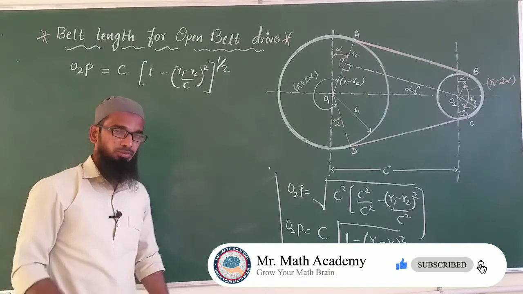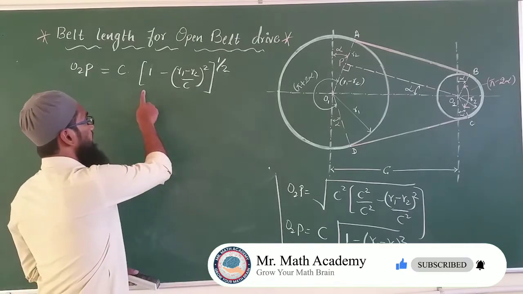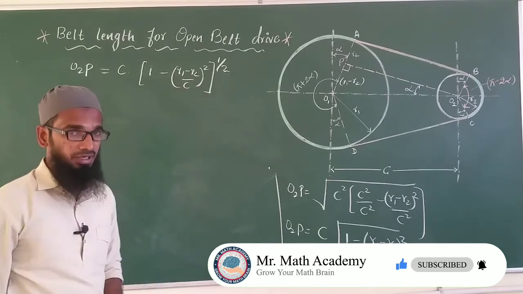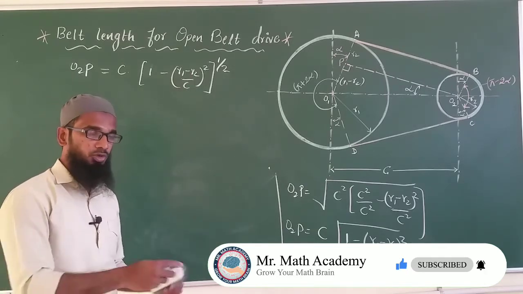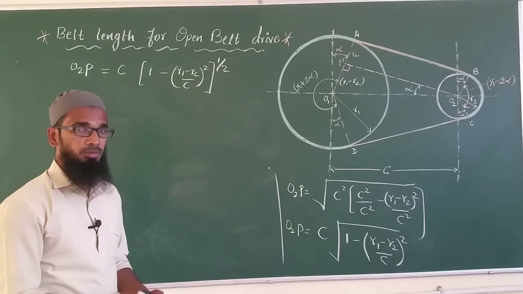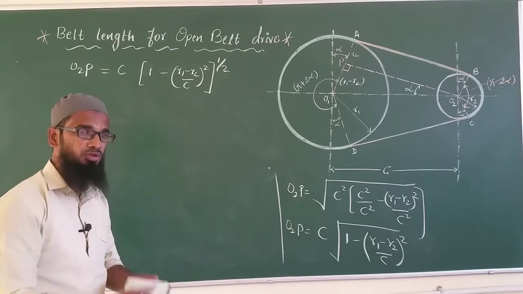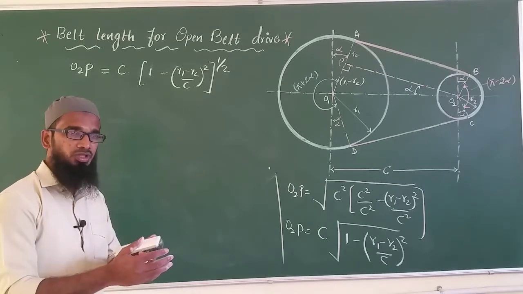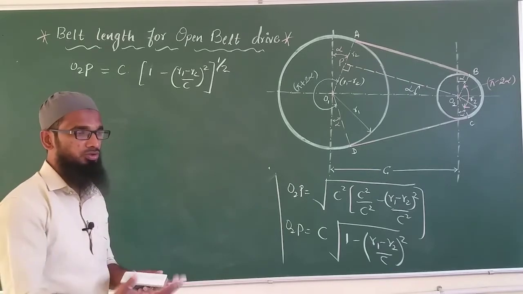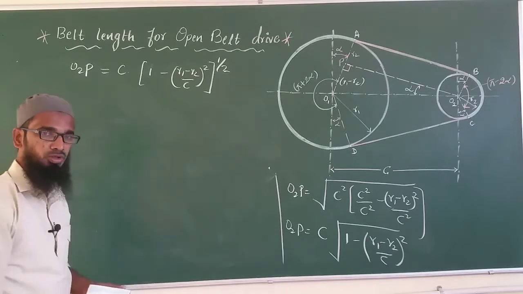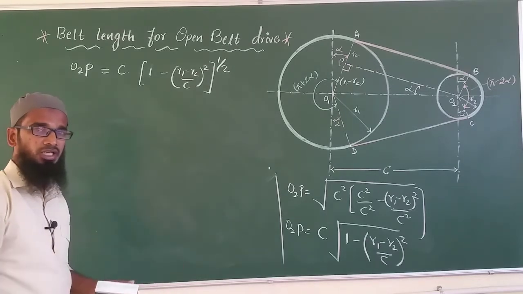Now the very important thing is that whatever is within the bracket, I need to expand this term by using the binomial expansion. After expanding, I have to consider only the first two terms, because after two terms you will have higher degree terms, and we'll just neglect that part here.